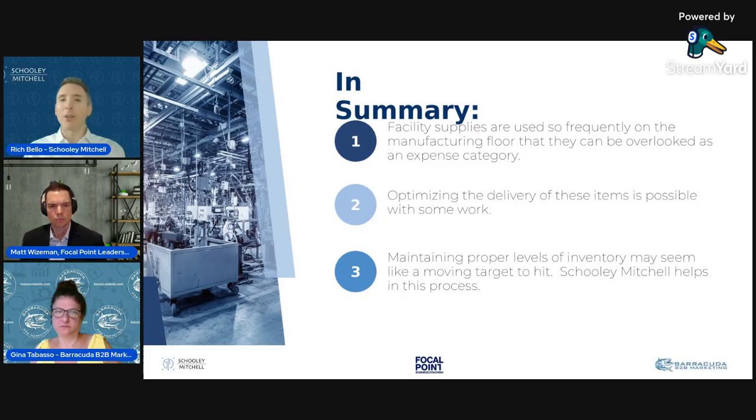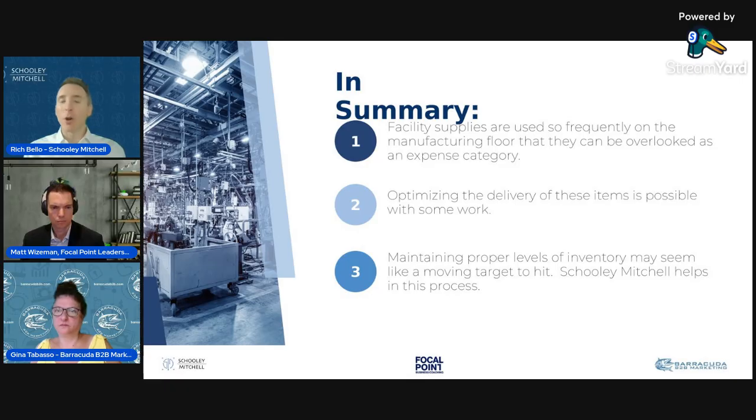The second point here, we talked about it in terms of delivery and being able to optimize that with some bulk purchasing. If you're able to handle it with your storage space, that's a great thing to do. And then kind of what I was just talking about, Schooley Mitchell and what we do in terms of maintaining the right inventory levels.